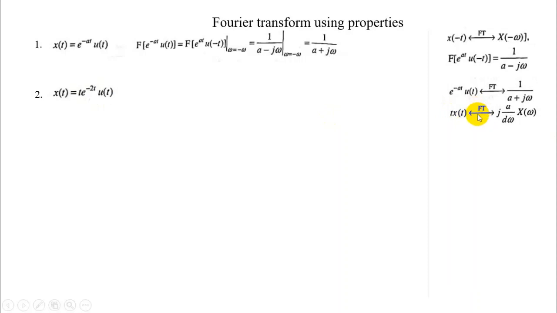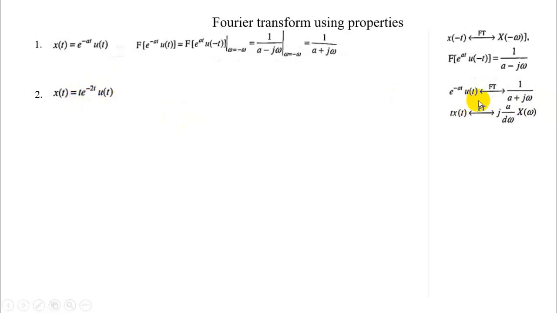And the other property of the Fourier transform suggests that if the Fourier transform of x(t) is X(omega), we just need to differentiate it with respect to omega to get t multiplied by x(t). So here t is multiplied with that term, and we know the Fourier transform of that term, so we basically need to differentiate the Fourier transform of that part.